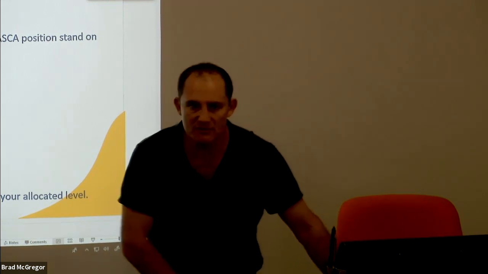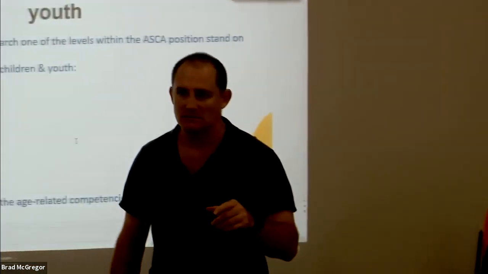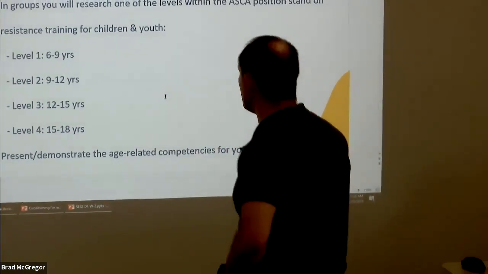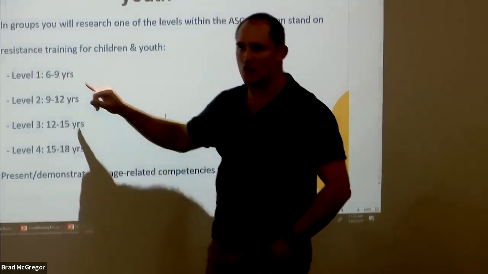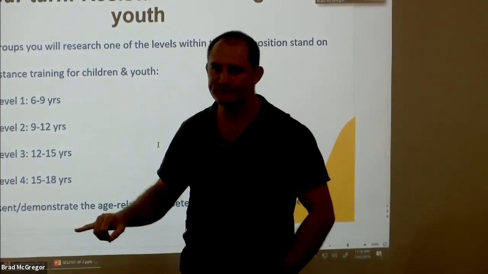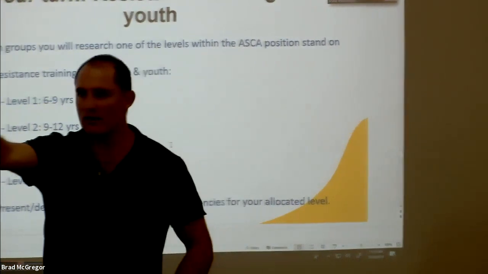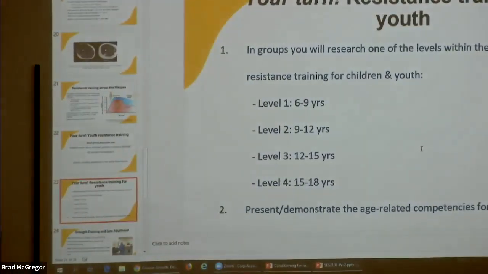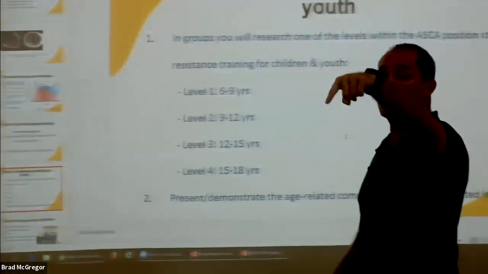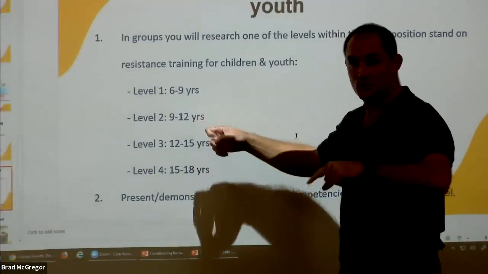Any questions on what I'd like you to do before I split you into groups? No, we're all good. Okay, so we need our first level, 6 to 9 years. We might have to split this row in half. So the first 3 rows here, you can do 6 to 9. The back 3 rows can do 9 to 12.